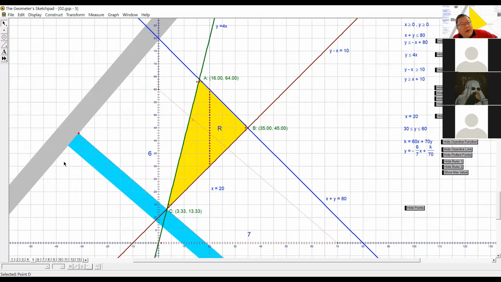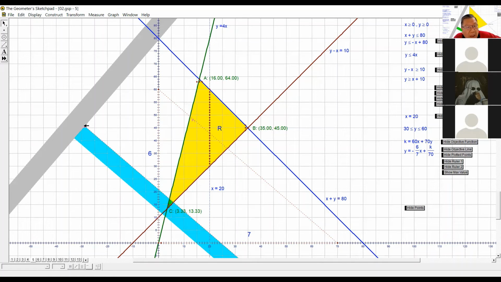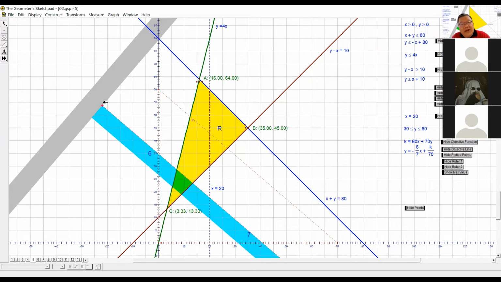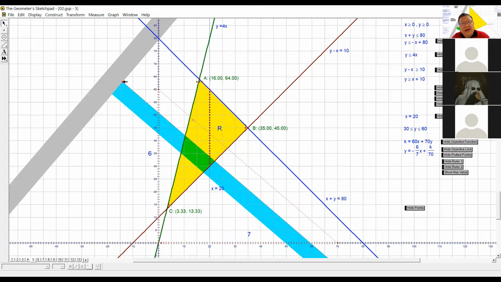So how am I going to do this? I'm going to slide the first ruler along the second ruler. The first ruler enters the shaded region. As I move further and further away, I am very happy because I'm increasing the number of students and the fees collected.